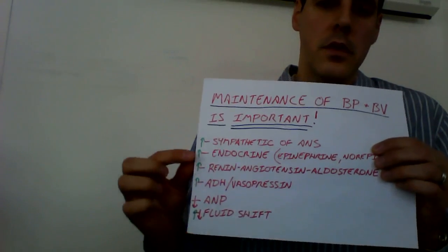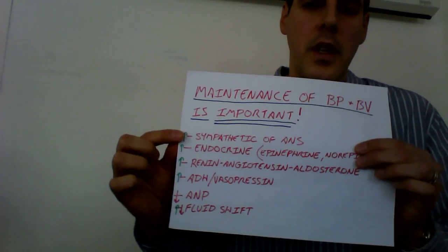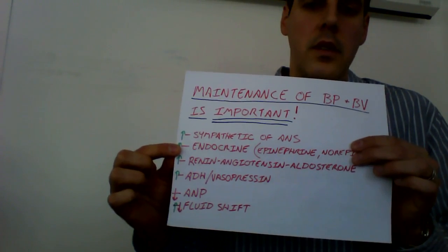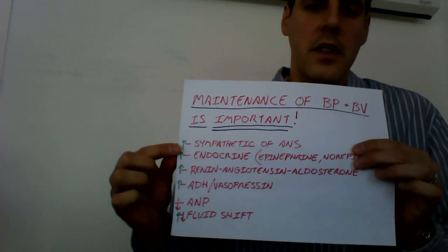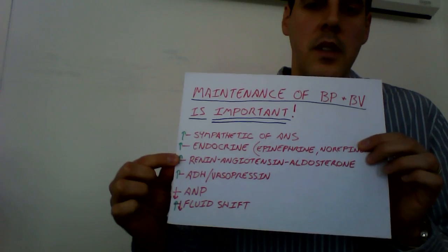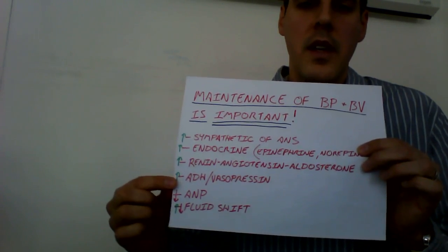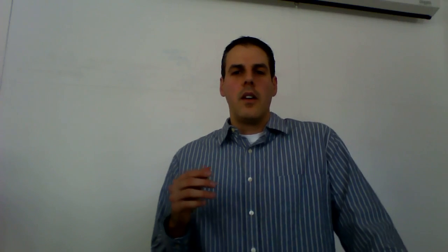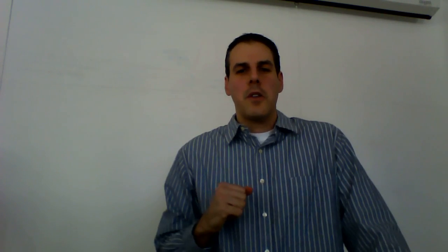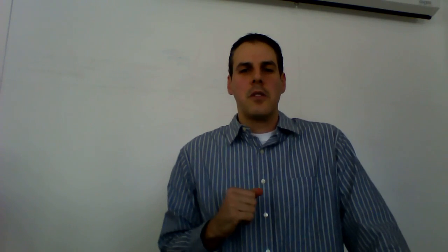Okay. Now, if you see all these up arrows, and especially we have the adrenergic, or sympathetic, here. We have renin-angiotensin-aldosterone with that ACE enzyme, and then we have ADH here. Basically, since we have multiple ways to raise blood pressure, we also have multiple ways to decrease blood pressure using drugs.